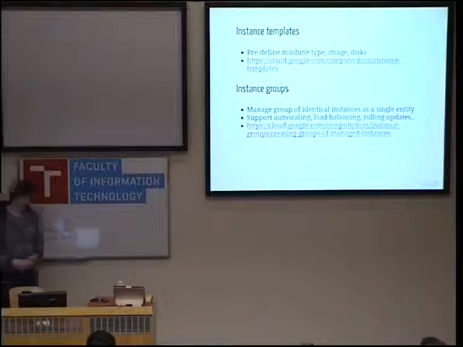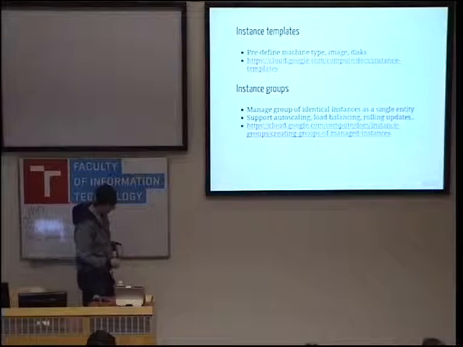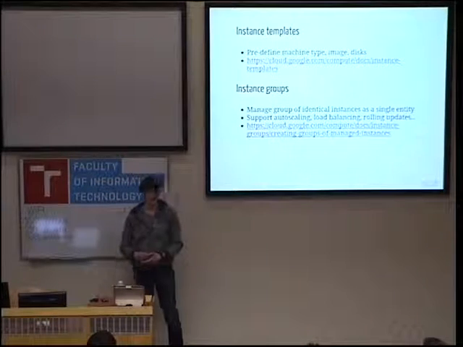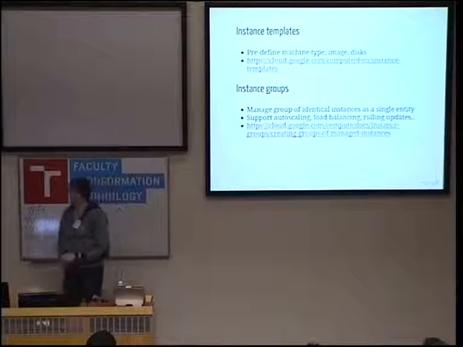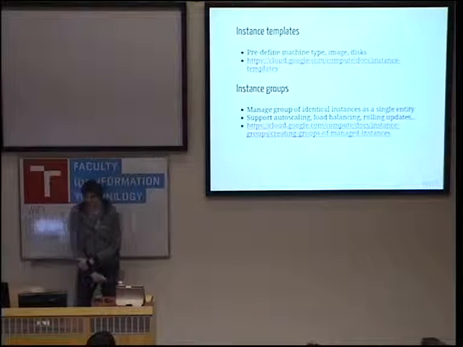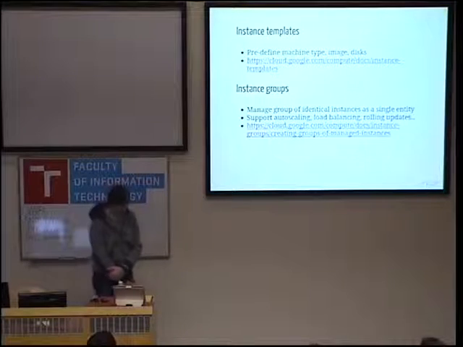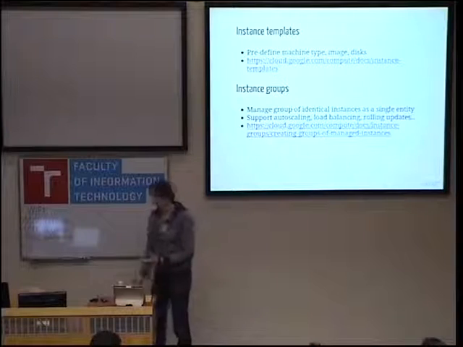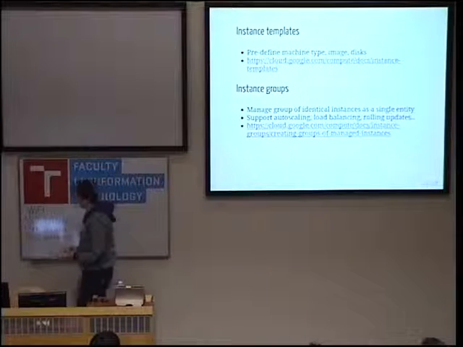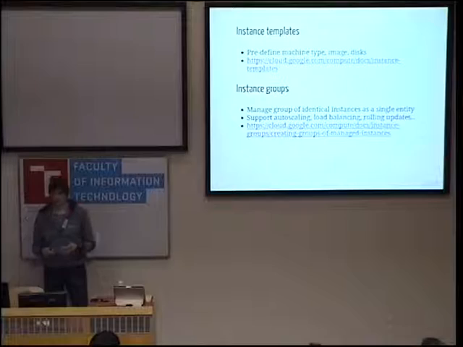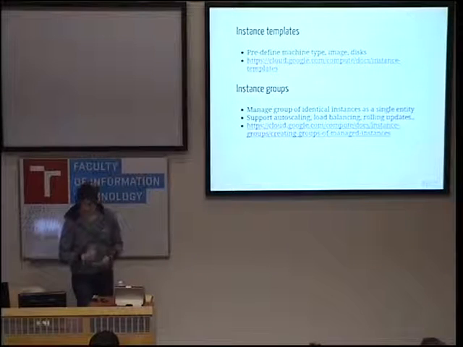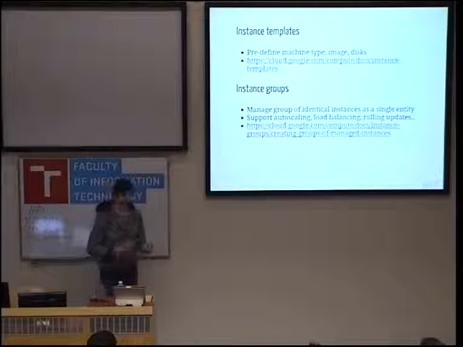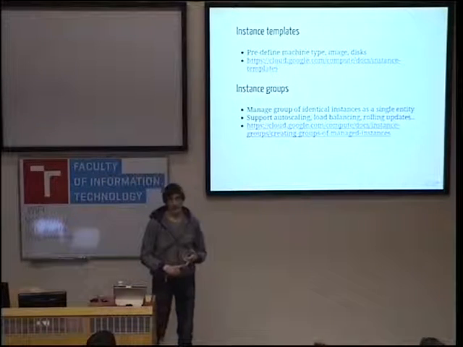And instance groups. This feature, I'm not aware if OpenStack has it or AWS, probably not. But it's really nice, where basically instance groups provide a single entity to manage a number of the same instances. So to create an instance group, you specify an instance template and how many instances you want there.